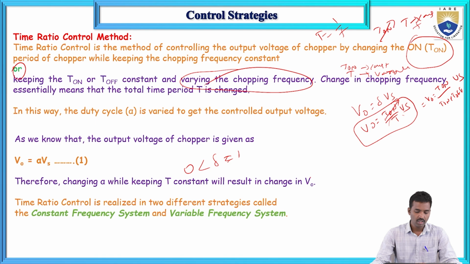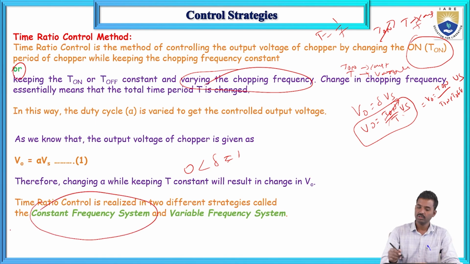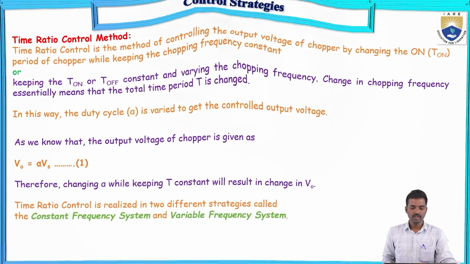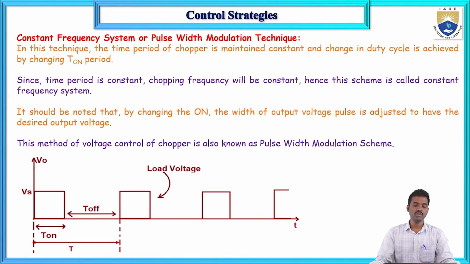There are two types of method: constant frequency, the first method, or variable frequency, by changing the chopping frequency. The first method, constant frequency, means constant time period. That is pulse width modulation, meaning only T on is variable. So T on is changing.